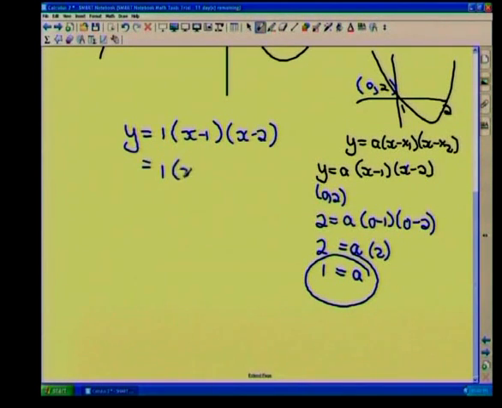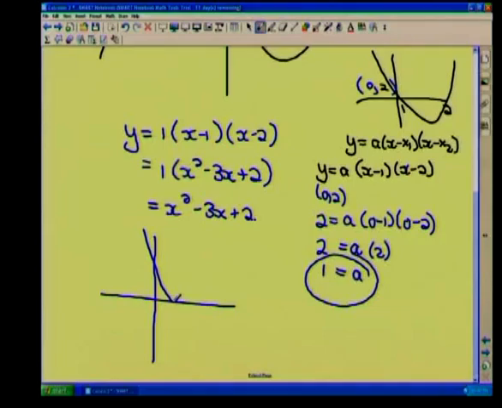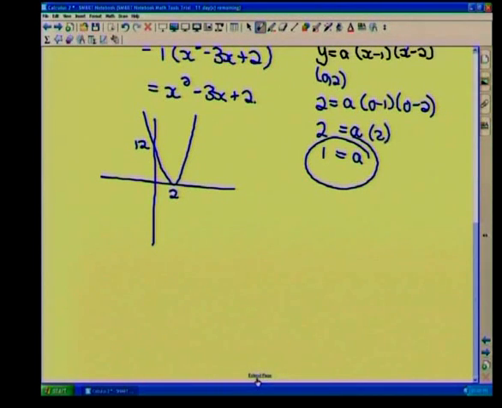So it would be 1 times x squared minus 3x plus 2, which would have given me x squared minus 3x plus 2. Still staying with a parabola, because I think if you understand the parabola, this is not a big jump. If I had drawn the following, and I'd given you that, you would have said to me, well, hang on a moment, I've got the turning point, 2, 0.